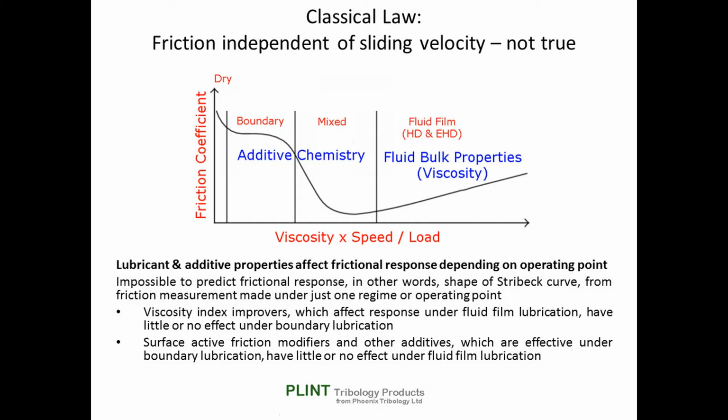This is because different properties are at play. For example, viscosity index improvers, which affect response under fluid film lubrication, have little or no effect under boundary lubrication, and similarly, surface active friction modifiers and other additives, which are effective under boundary lubrication, have little or no effect under fluid film lubrication.